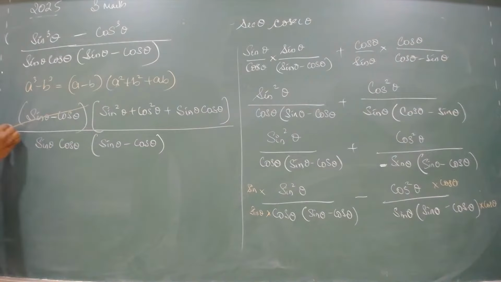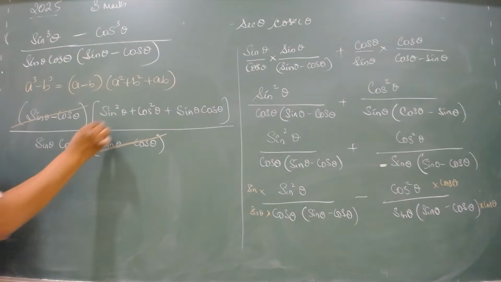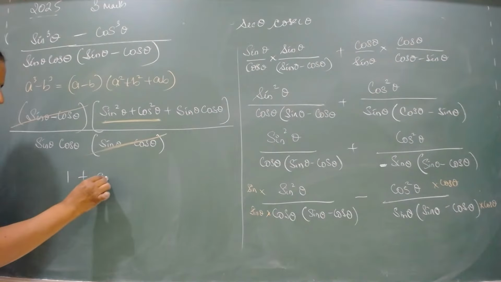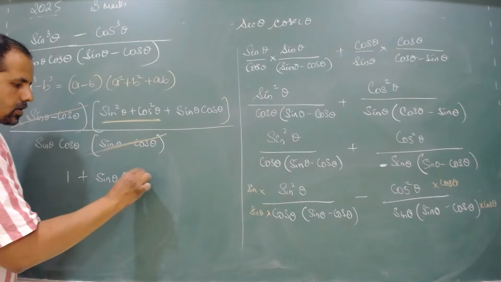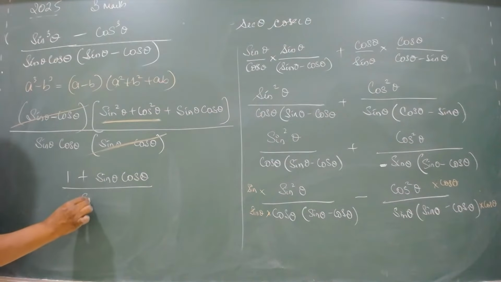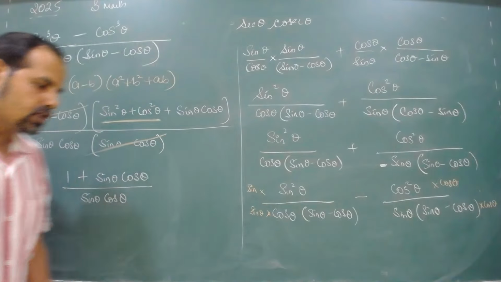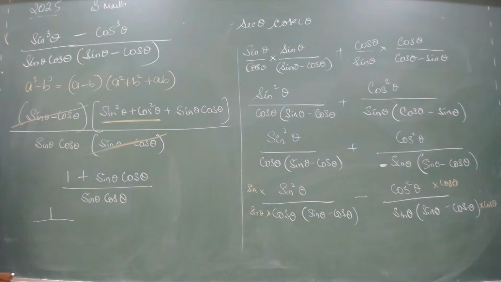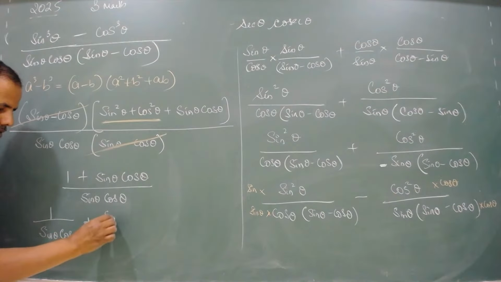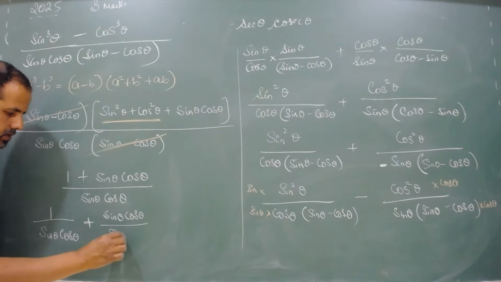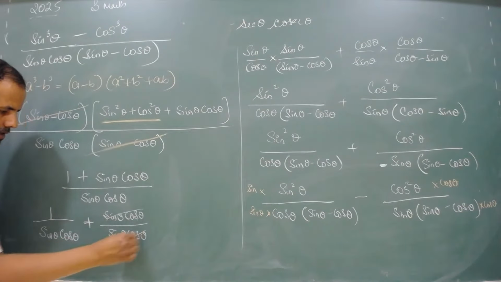Clearly you can see I can cancel these terms, and this part would be 1 plus sin theta cos theta, the whole term divided by sin theta cos theta. Now let us divide the terms individually. We are at the verge of finishing the problem. 1 by sin theta cos theta plus sin theta cos theta divided by sin theta cos theta.